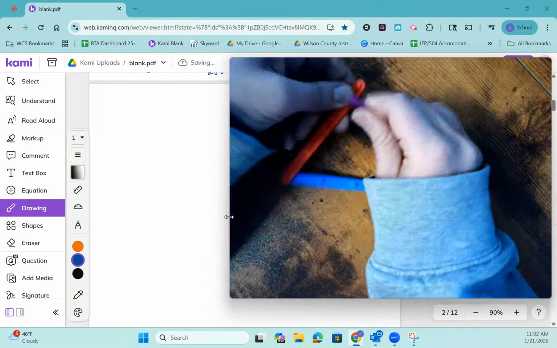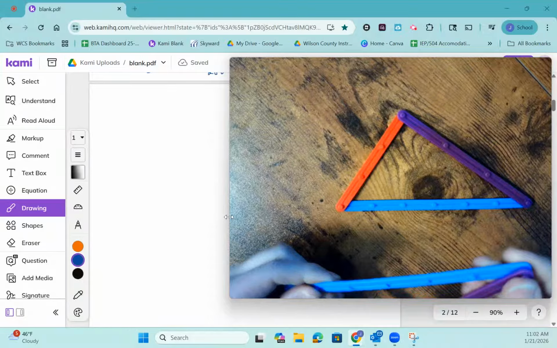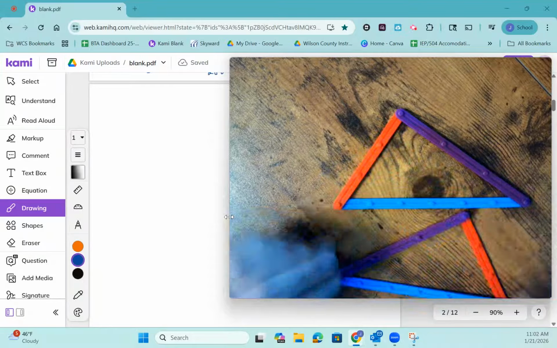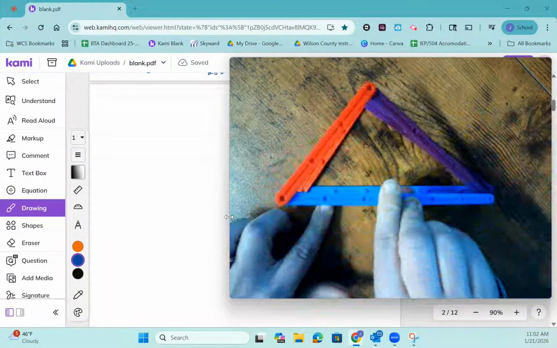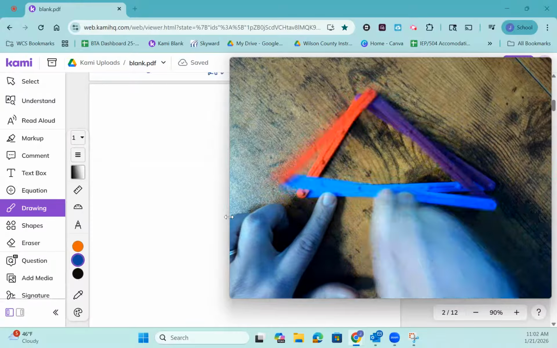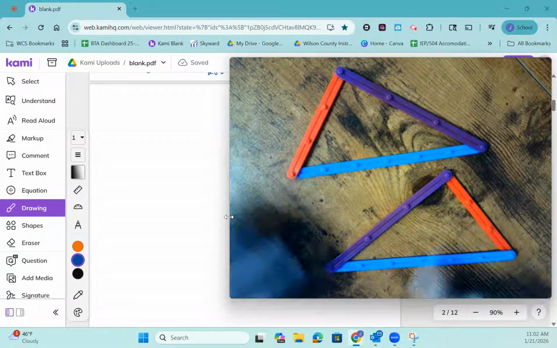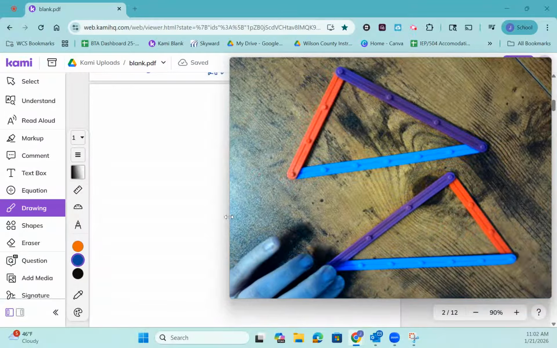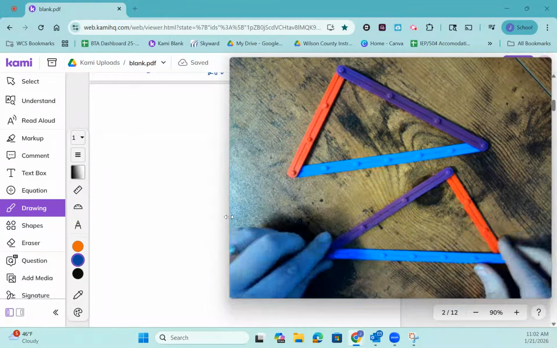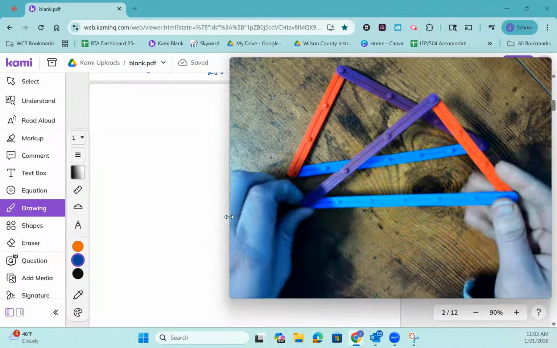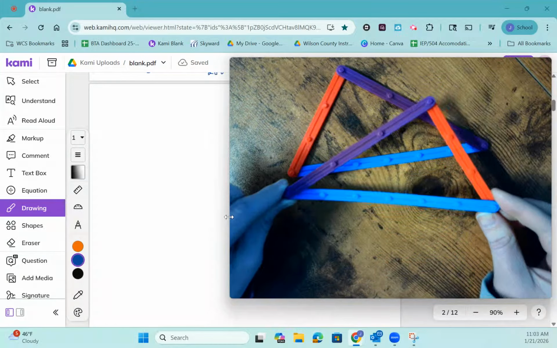I can rearrange the order of these, but look, I have the same exact triangle. It's just flipped in a different manner. All these interior angles are the same, and all of these side lengths are the same. So if you are given side lengths of a triangle, you will only ever get that one triangle.